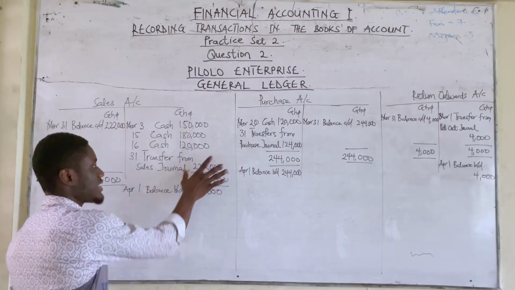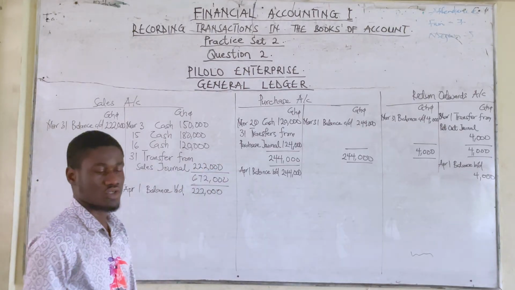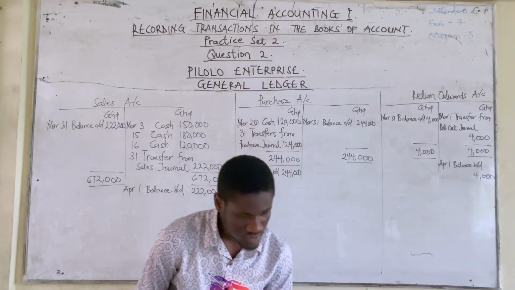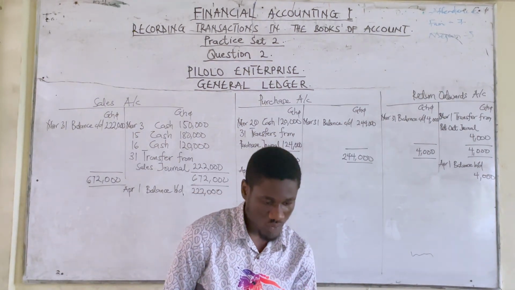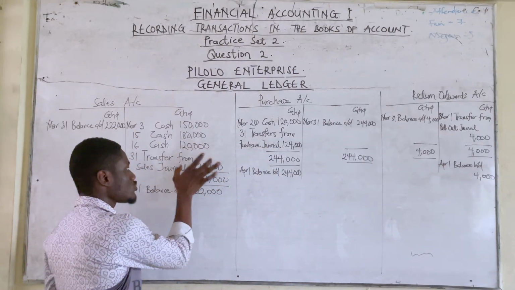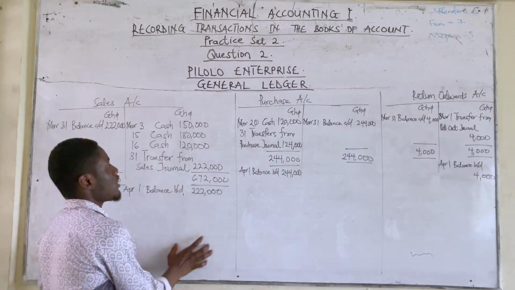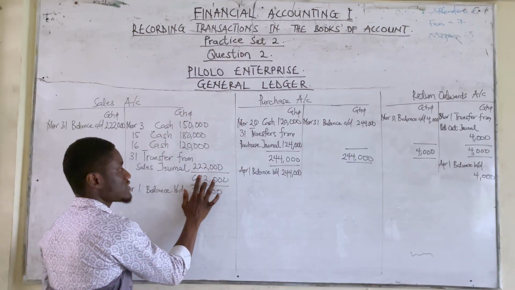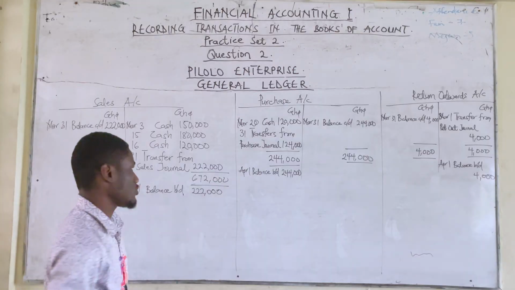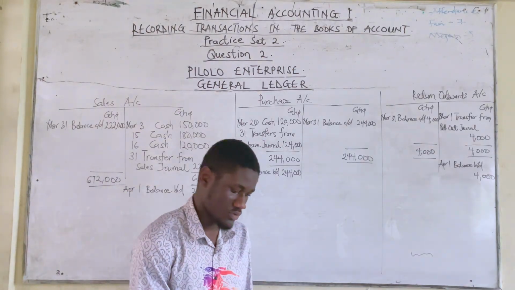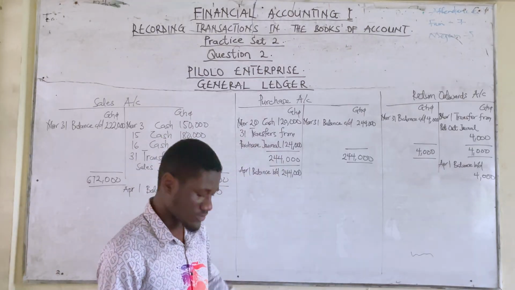We will still get that 222,000. So let's say these credit sales in the question were 50,000, 55,000, and 117,000. If we decided to record each of them as credit sales, when we add all of them, we still get this 672,000. Okay, so it's better we just transfer to the sales account. The same applies to purchases.